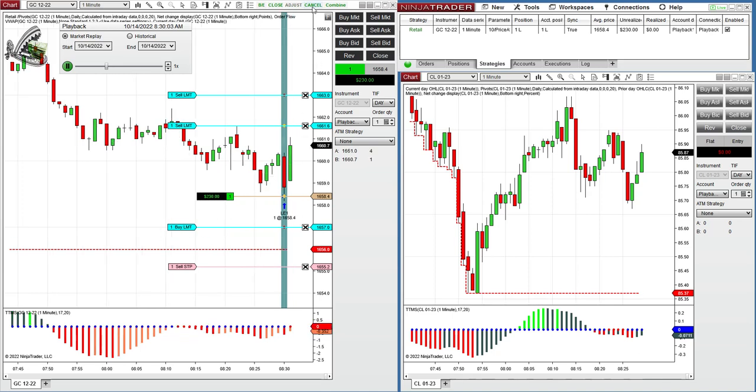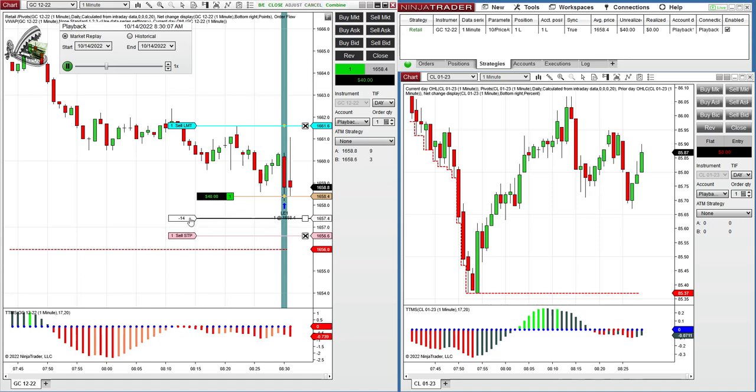I know it's probably not going to get filled, so I'm canceling it. And now I would even try to protect profit. Maybe I'll move my stop. Look, it reversed and I'm in negative now, because it's a rapidly moving trade.